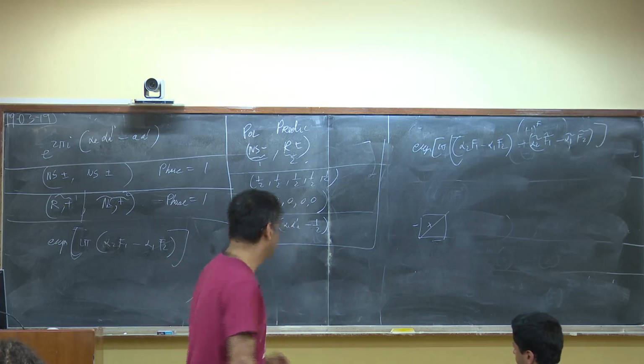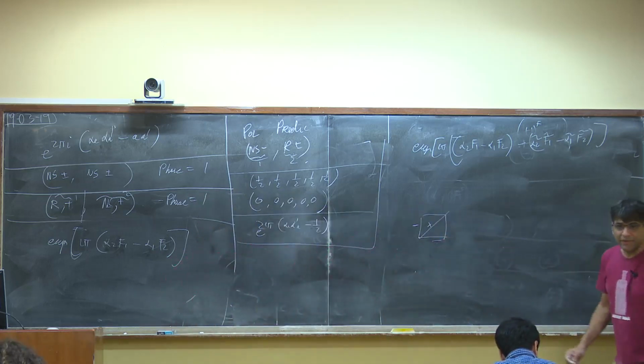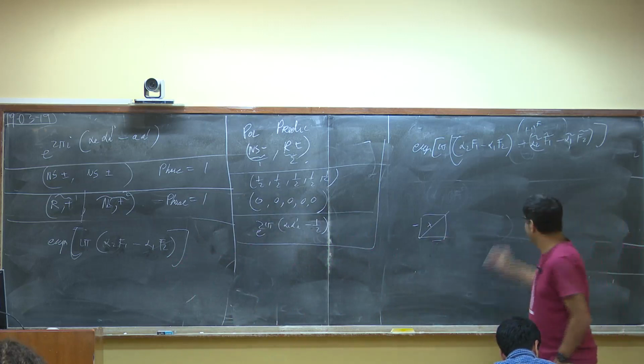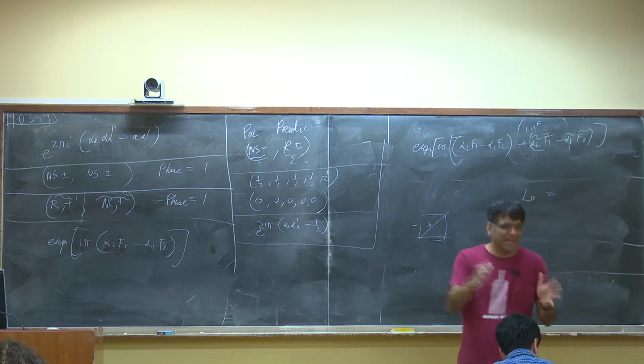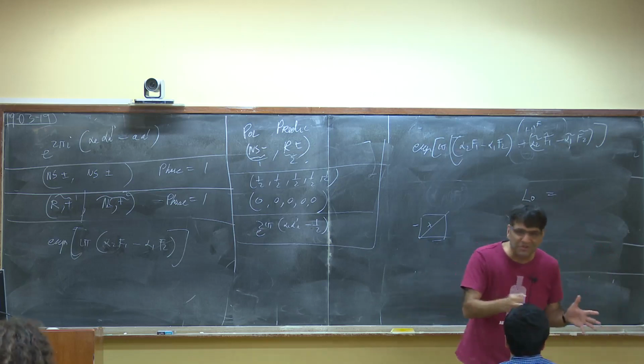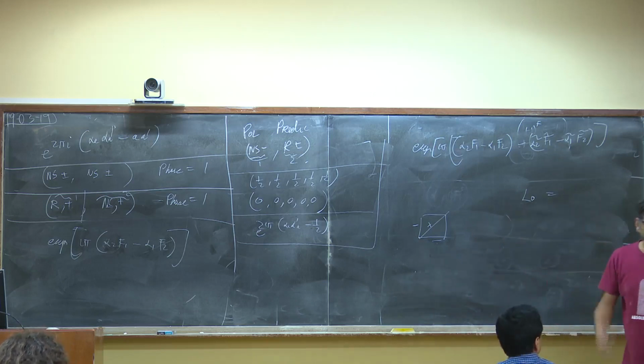Let us remember the level matching condition. The level matching condition was that L0 was something, either 0 or 1, depending on whether you take into account the ghost contributions or not. And L0 bar was the same thing.